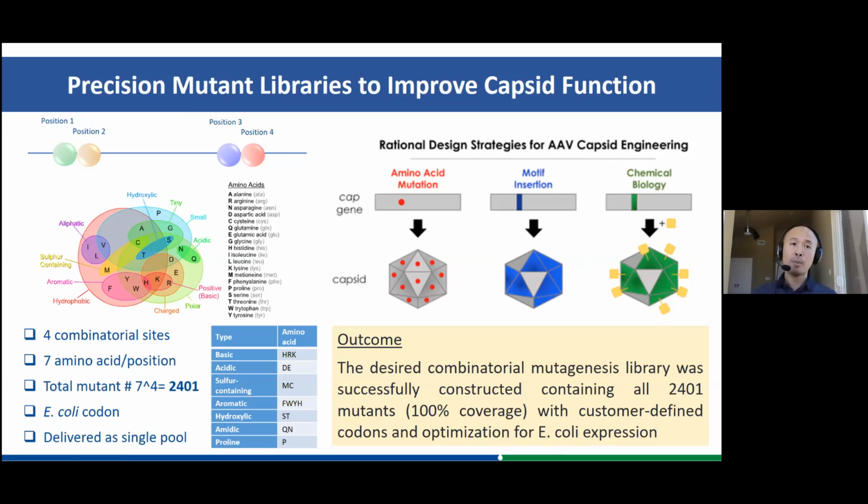So this is going to be a combinatorial mutagenesis library, and this will generate about 2,400 mutants. The customer also requested codon optimization for E. coli and to have the library delivered as a single pool. So the outcome was we were able to successfully construct the desired combinatorial mutagenesis library with 100% coverage, incorporating all of the customer's requests.